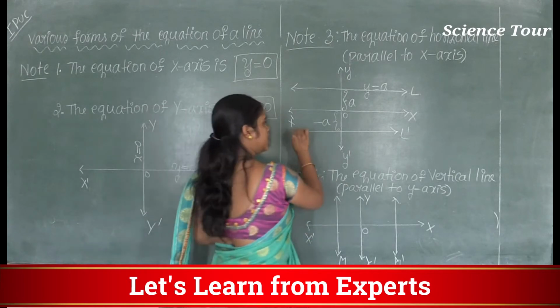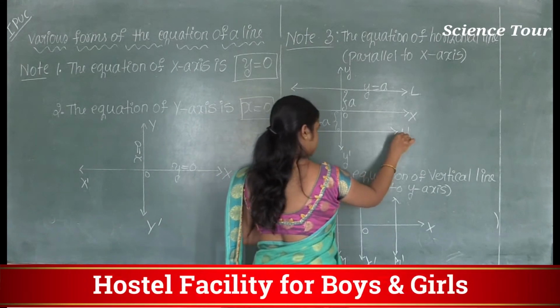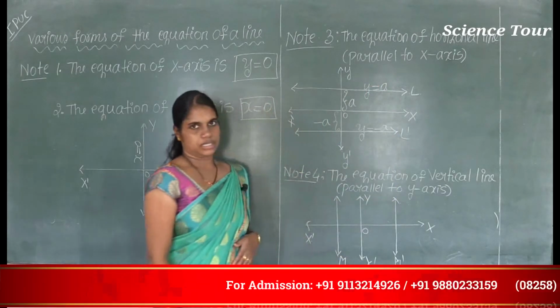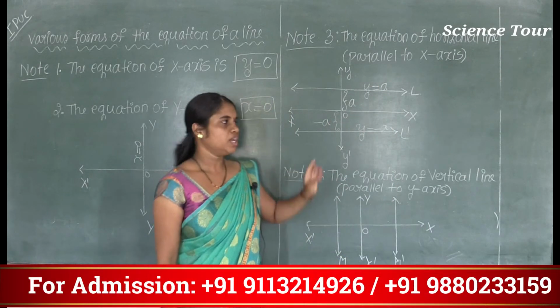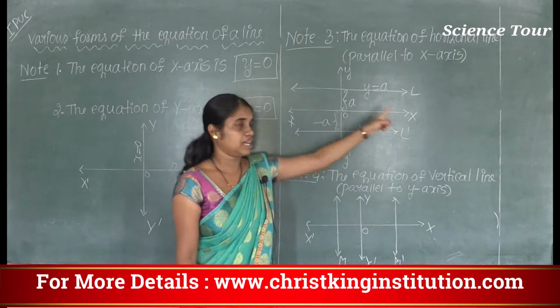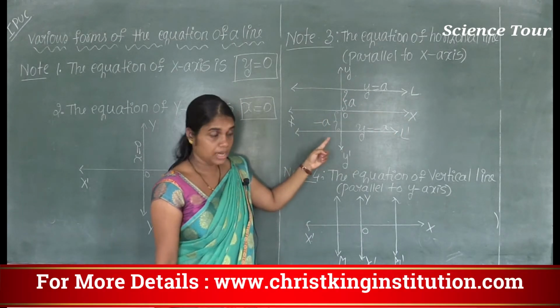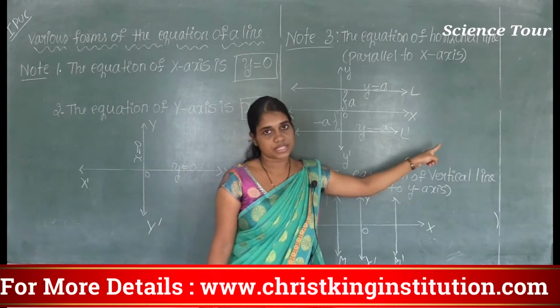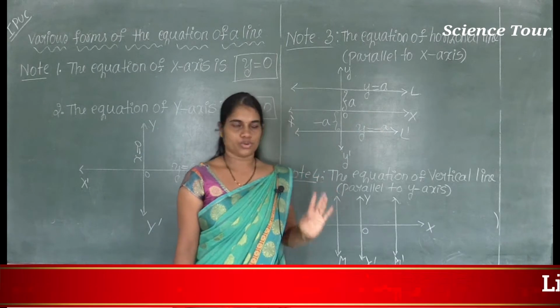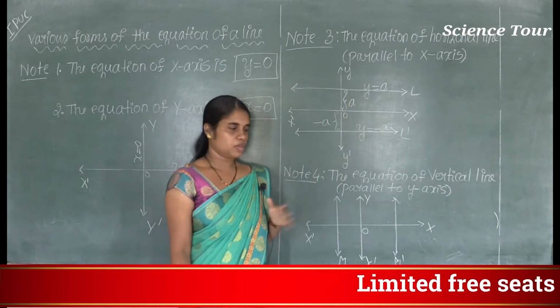So now tell me what is the equation of this line L dash? That is y is equal to minus a. Since the perpendicular distance of this line L dash from the x axis is minus a, the equation of this line L dash is y is equal to minus a. Remember this, just a simple concept.